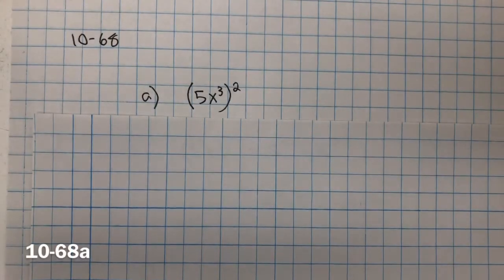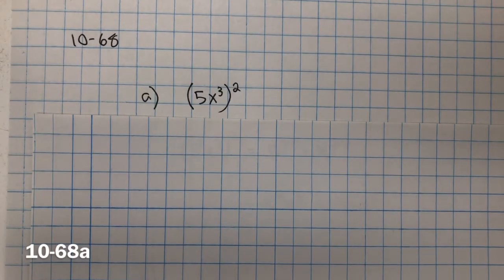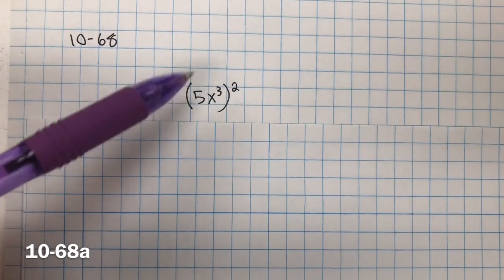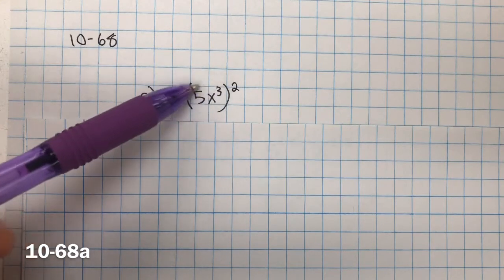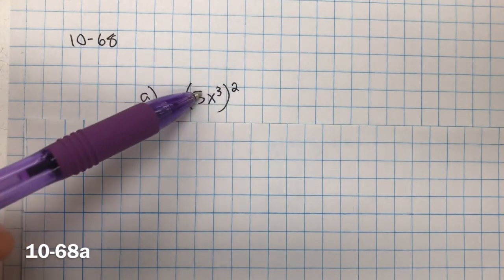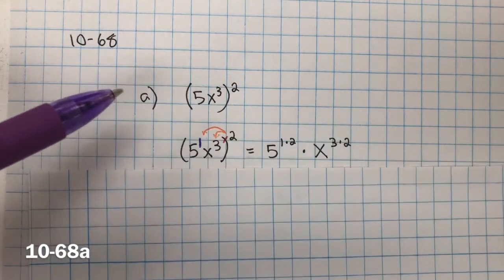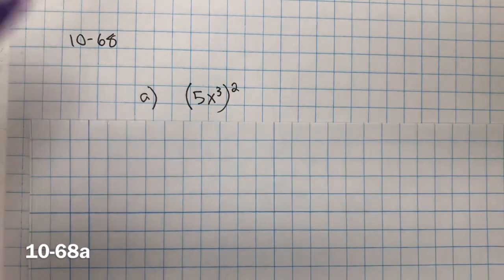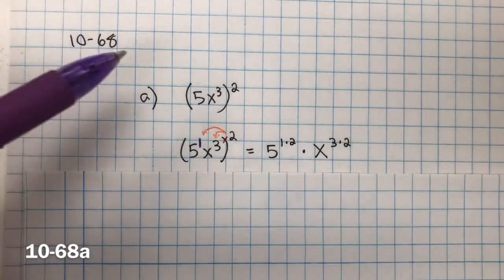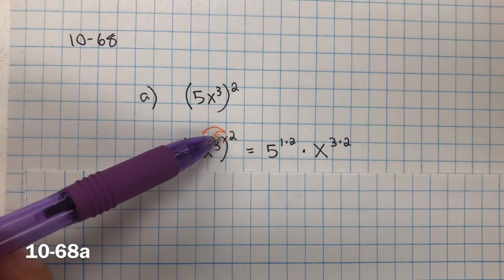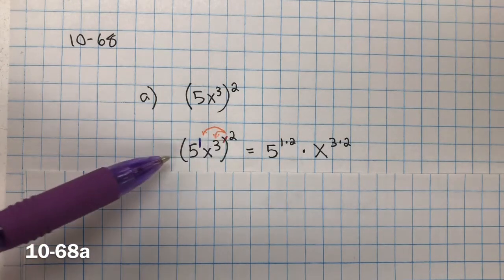For 1068, we need to simplify each expression. So you need to distribute this exponent. When you have a power raised to a power, you need to distribute. When I distribute this 2, I put a little line here to remind me that I'm multiplying.